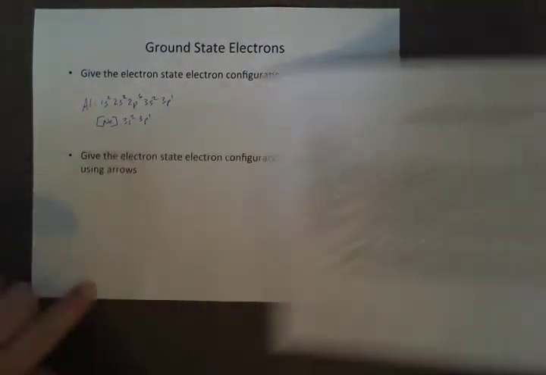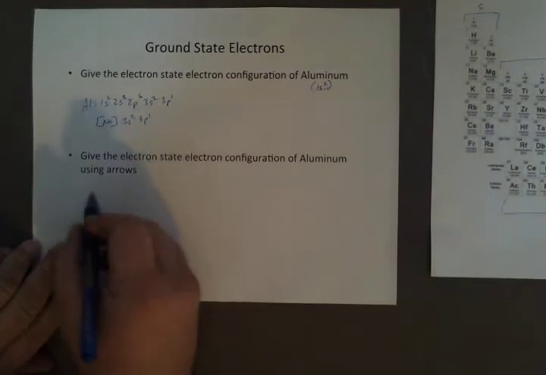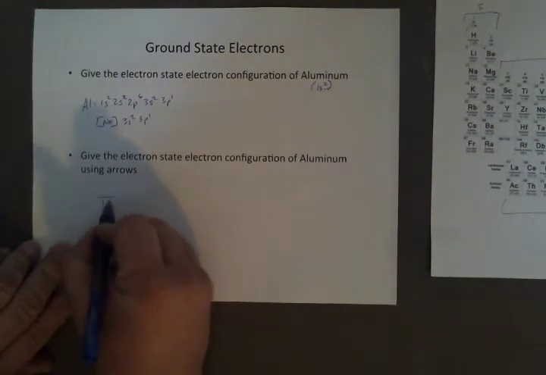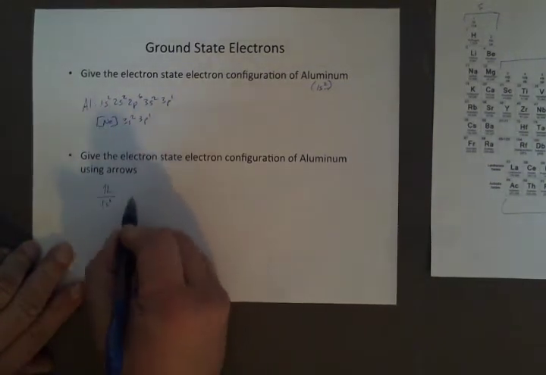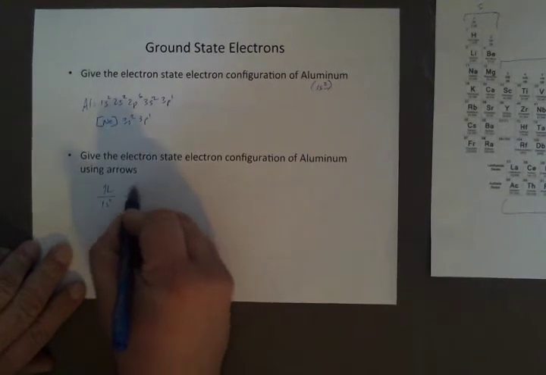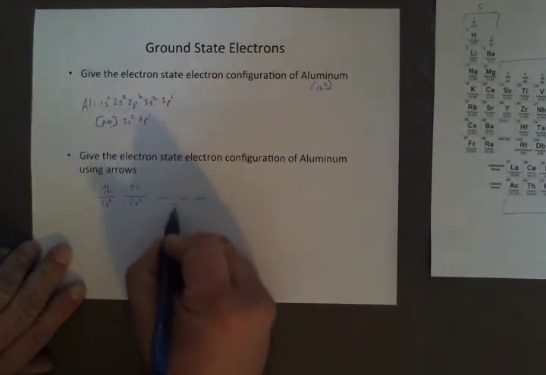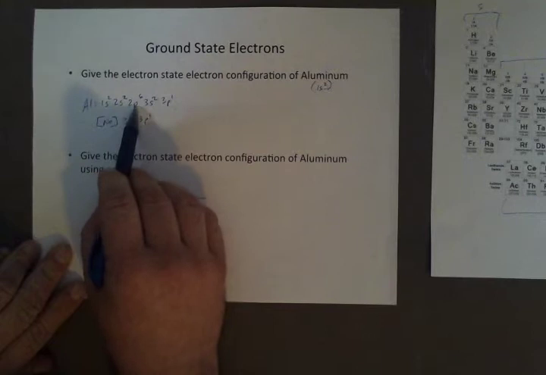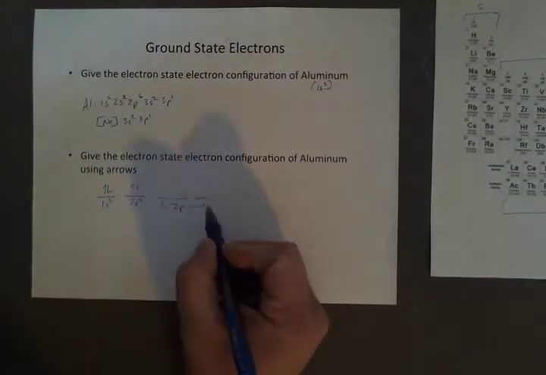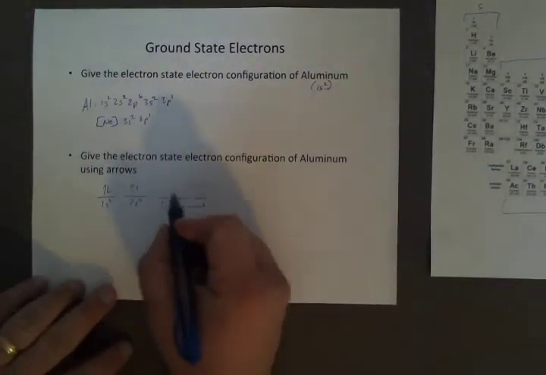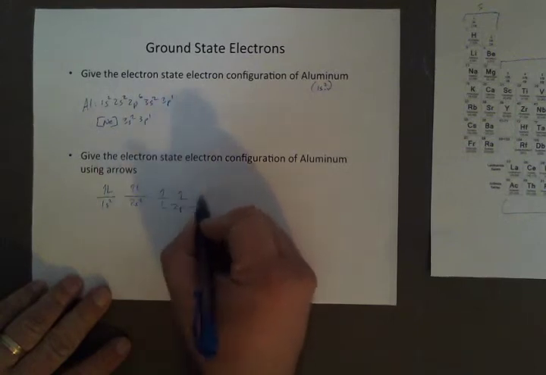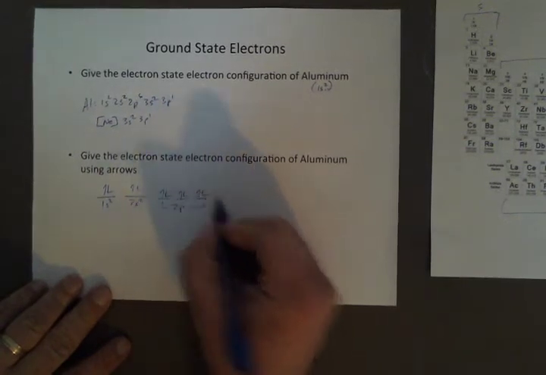Now you do the same thing if you want to do it with the arrows. So you have 1s2, so you go up, down. 2s2, up, down. Then it should be 2p. There's 3 orbitals, and generally just out of habit, I'll go up, up, up, down, down, down, because that's how they get filled.